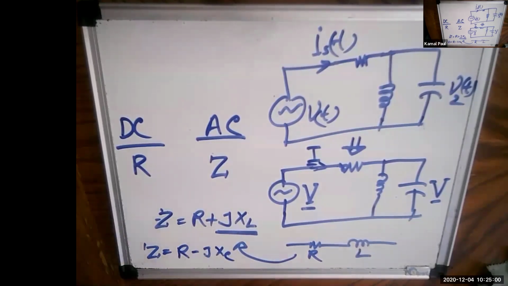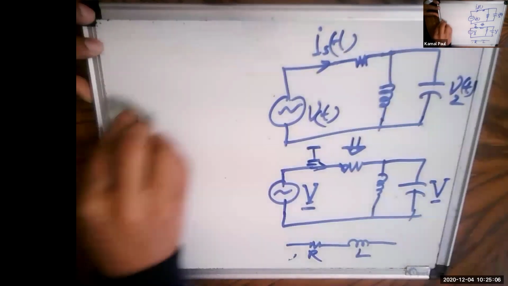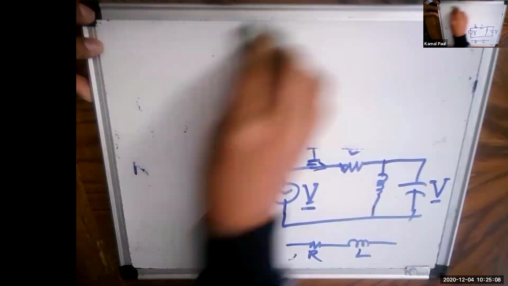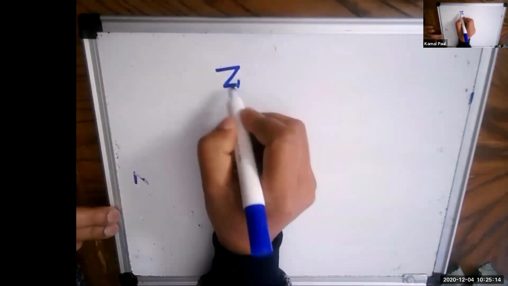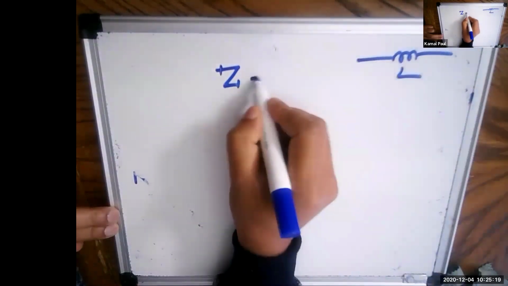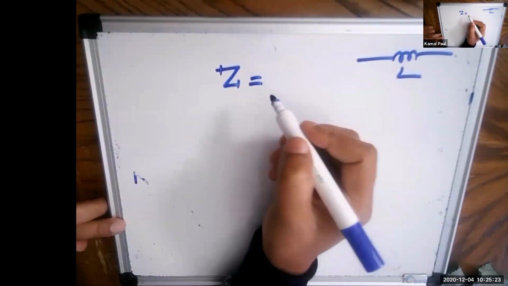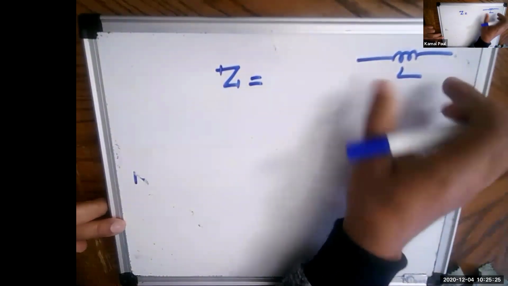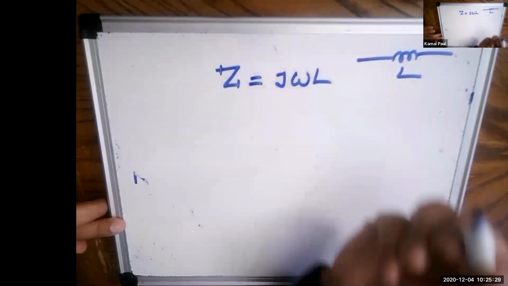In your lectures, I have seen that you found the formula in a different way, and that different way is for any inductive load. If there is only an inductor here, L, and you want to find the impedance for this branch, then you got the formula J omega L, right?